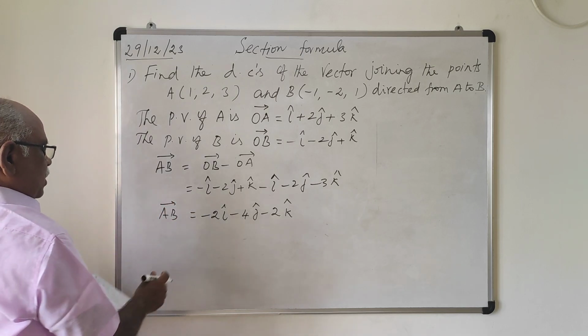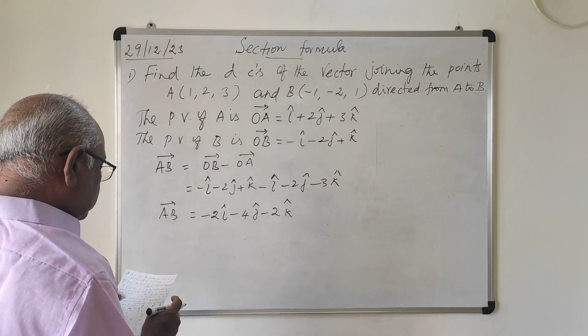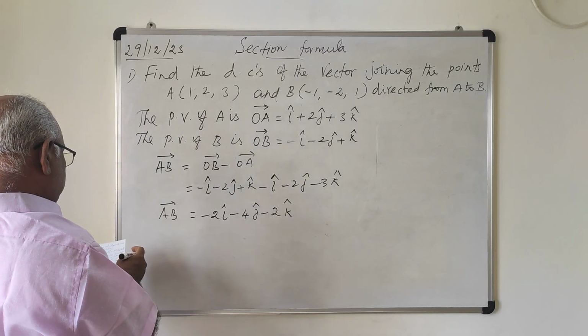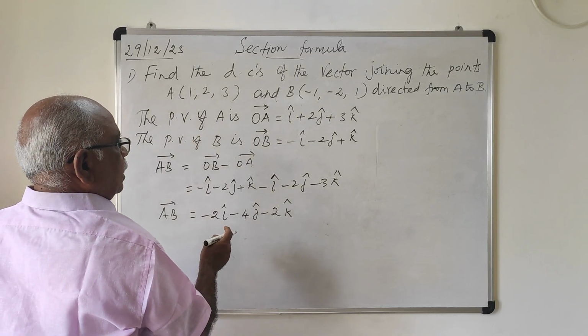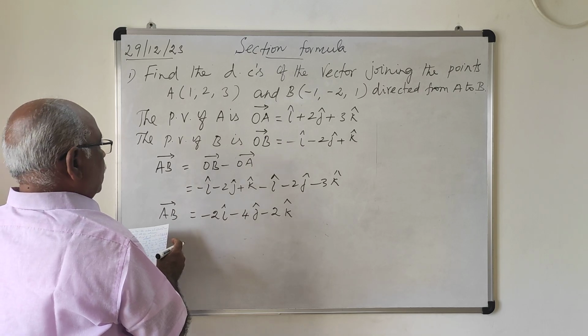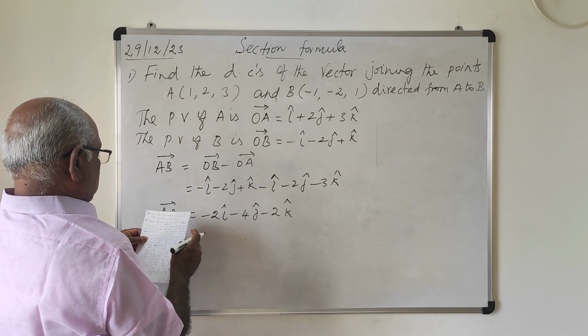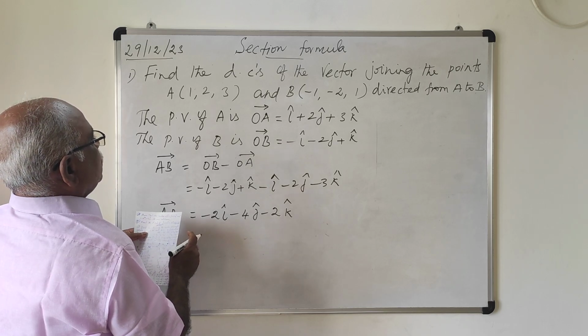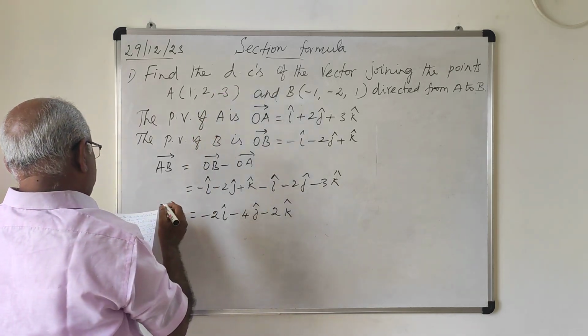AB vector is minus 2i minus 4j. The position vector of the point A is 1, 2, minus 3.